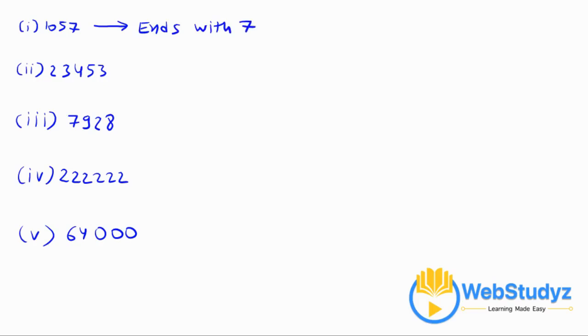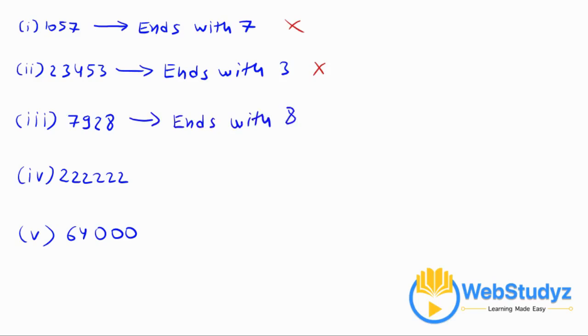So in the first, this ends with 7. That's why it is not a perfect square. Again, this ends with 3. That's why this is also not a perfect square. And the third one ends with 8. So this is also not a perfect square.